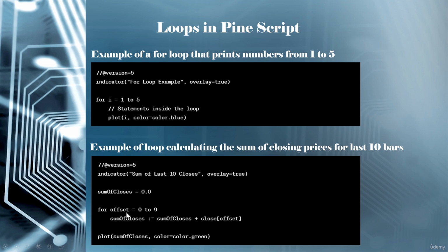Here we have a loop that starts iterating from 0 until 9. It calculates the sum of the last 10 closes. So it keeps adding the close to the variable sum of closes for the last 10 bars.